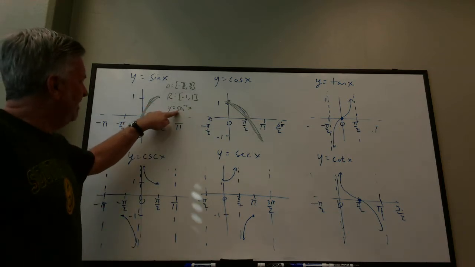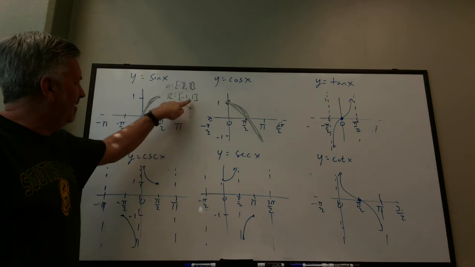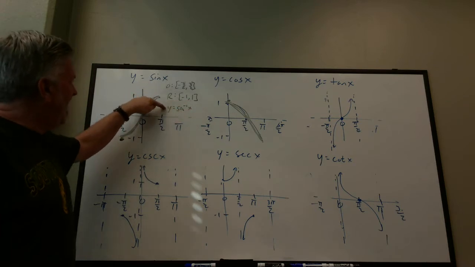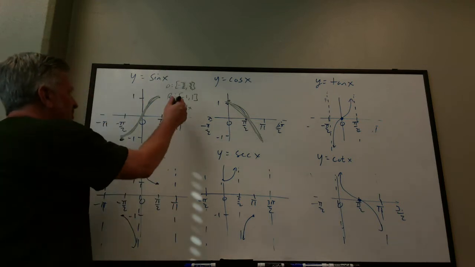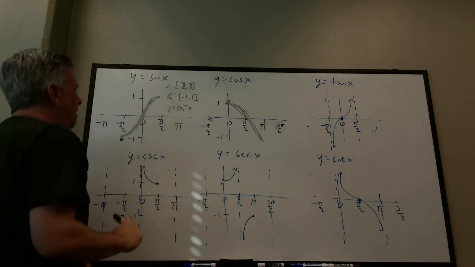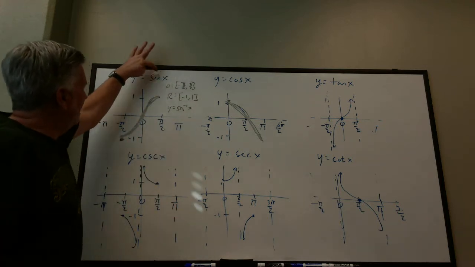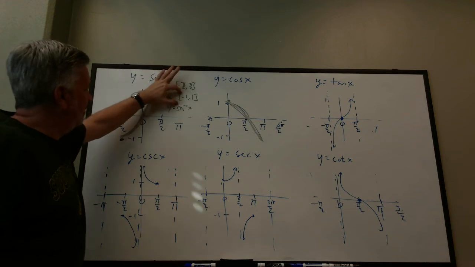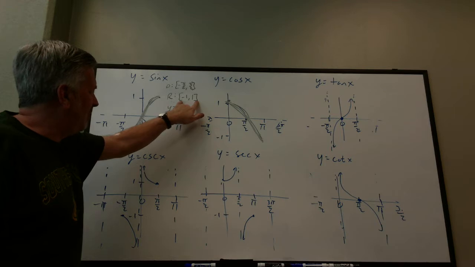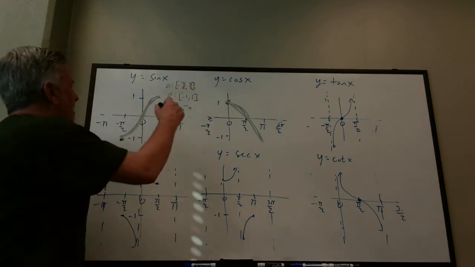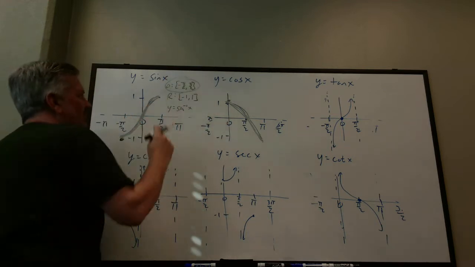We're going to take sine inverse of a number between -1 and 1, and it will spit out an angle from -pi/2 to pi/2. So that's what you have to remember, the restriction. When we take sine of an angle here, we get a number between -1 and 1. We're going to take sine inverse of a number between -1 and 1, and it'll spit out an angle. But it's not any angle, it's an angle here.